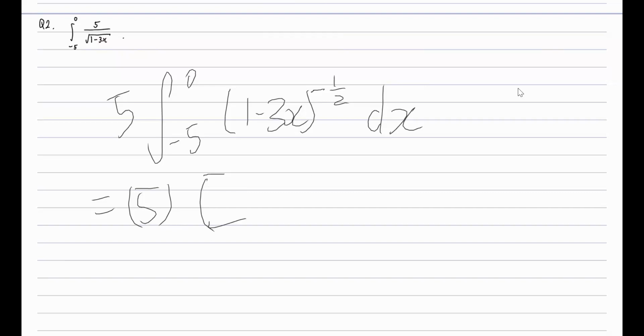Add 1, get the new power, which is a positive half, divide by the new power, and then divide further by the coefficient of x. Good. Close the square bracket. Then minus 5. Oh.